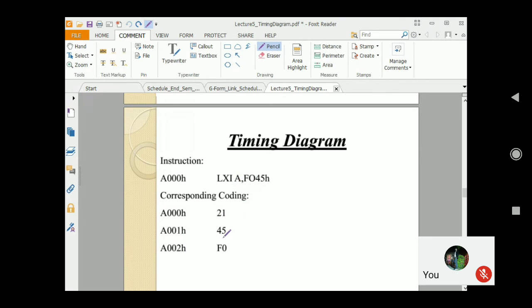Why does 45 come first and F0 later? Because the higher order address is assigned to the higher memory location, and A002 is higher than A001. That's why F0 comes into the higher order address line, and lower order comes into the lower order address line.